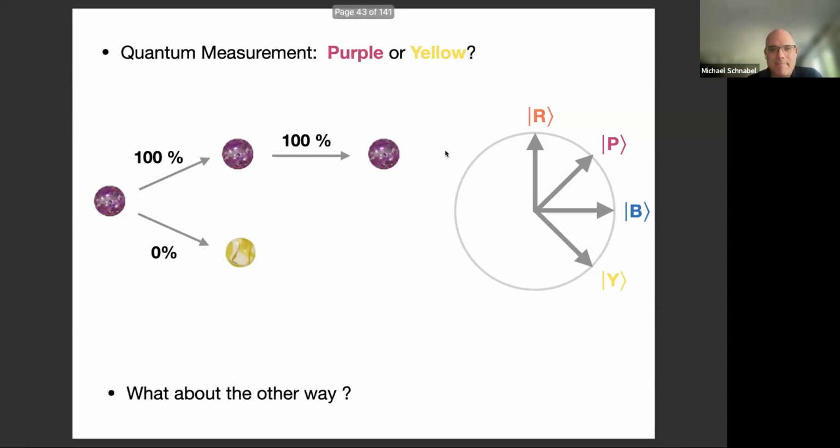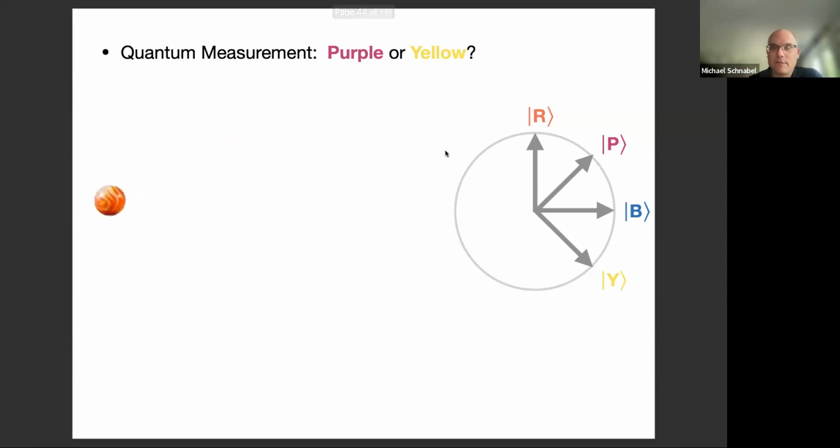What about the other way? We start now with the red, and we ask the red, are you purple or yellow? What do you think?